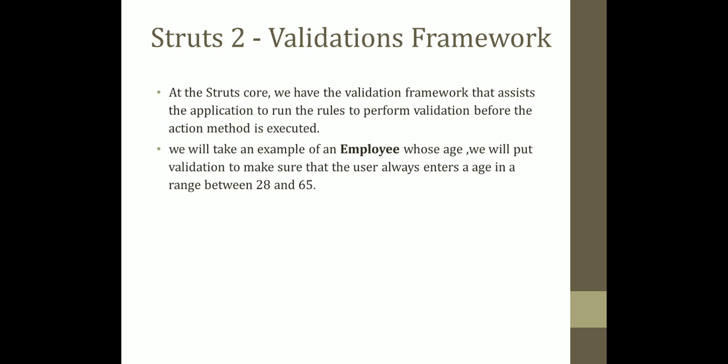Next is validation. Validation is again an important point in Struts2. At the Struts core, we have the validation framework that assists the application to run the rules to perform validation before the action method is executed. For example, for the employee, we will put validation on age to make sure the user always enters an age between 28 and 65.